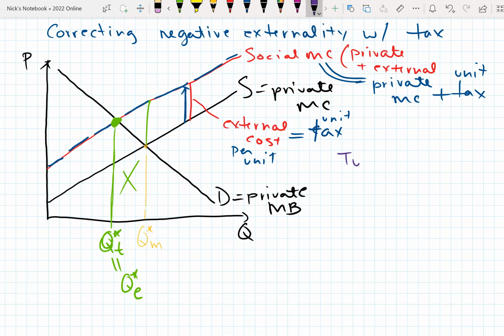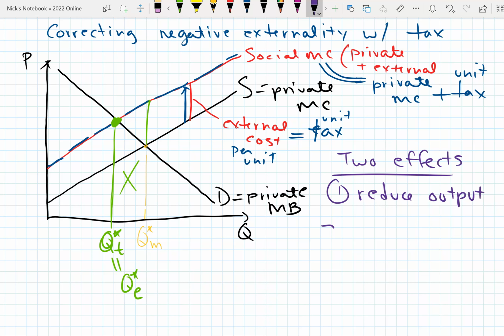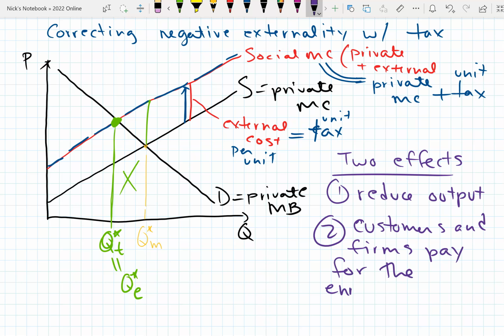This has two effects. One, they reduce the output. And two, which I'll show you on the graph in just a second, the customers and the firm together both pay the tax, and the firm pays for the environmental damage. It doesn't make the environmental damage go to zero. There's still this negative externality of pollution, I think in this case it was pollution, but the firm now has to pay for it.